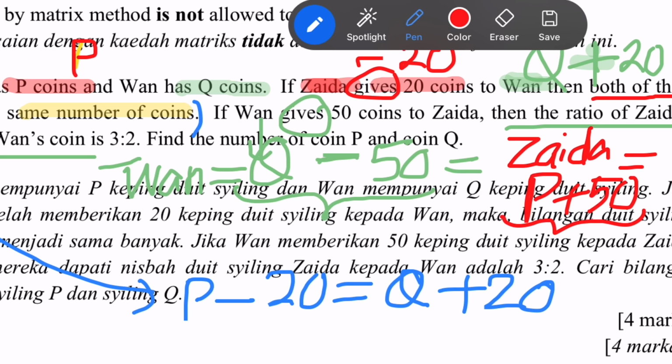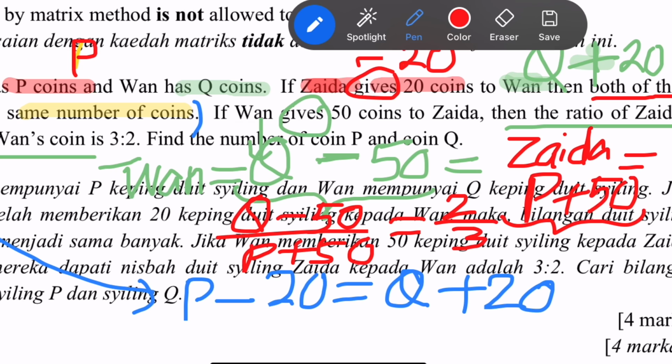So when you solve the HOTS question, you must get the right information, and then we follow the instruction of the question. The ratio of their coins is 3 to 2. When you see a ratio, we always write a fraction: Q minus 50 over P plus 50 is equal to 2 over 3.